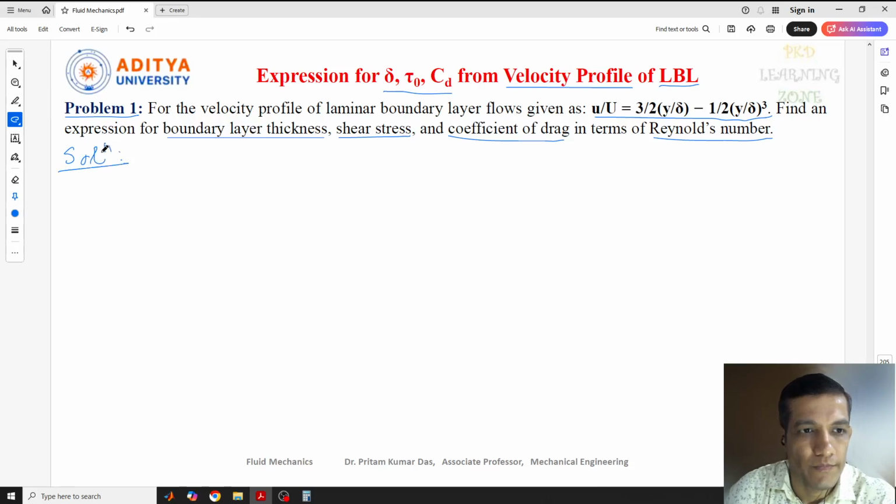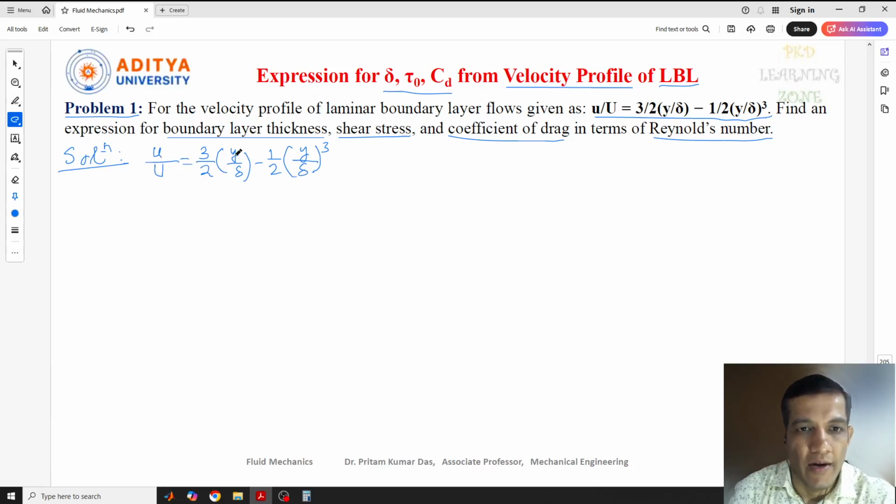Here I'll write the velocity profile that is given: small u by capital U is 3 by 2 y by delta minus 1 by 2 (y by delta) whole cube. This is the velocity profile.